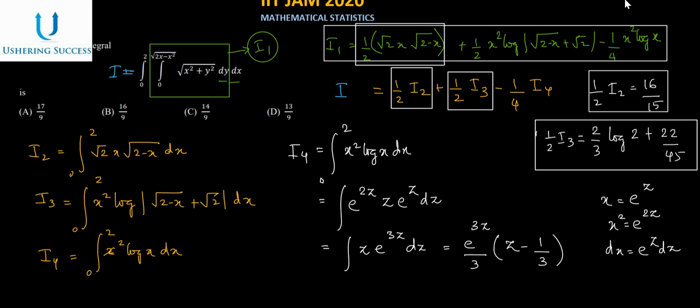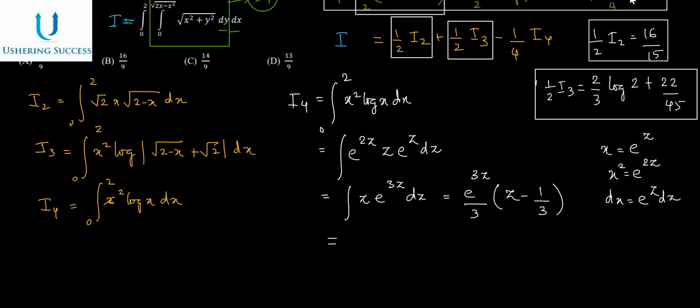So now if I substitute the value of z in this, I will get e to the power 3z would become x cubed by 3, and z is log x minus 1/3.